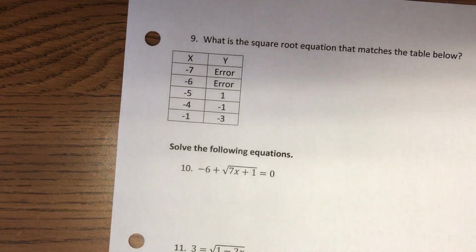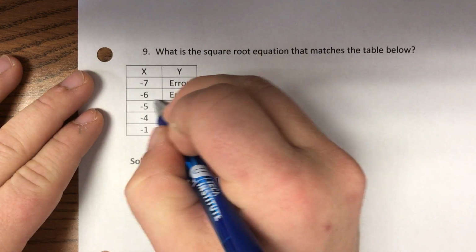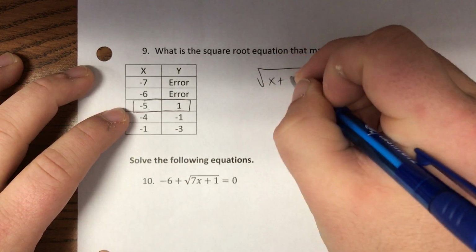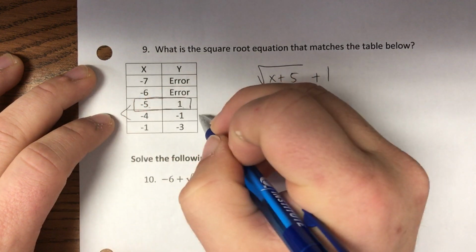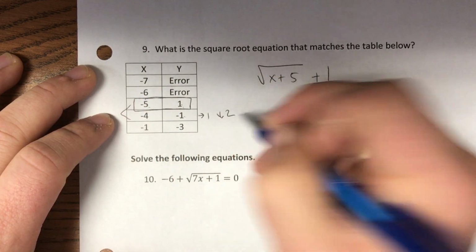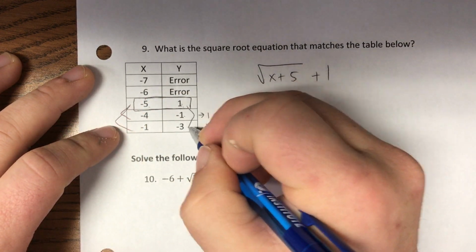All right, number 9. Same thing. This is my starting point right here, so we're going left 5, x plus 5. We're going up 1, plus 1. This one, when we go right 1, goes from 1 to -1. It's going down 2. When we go right 4, it's going from 1 to -3.